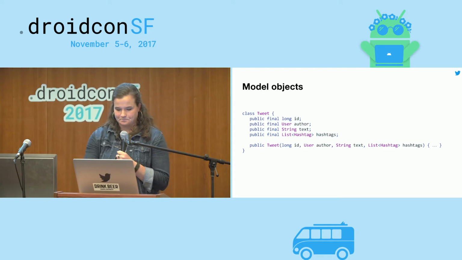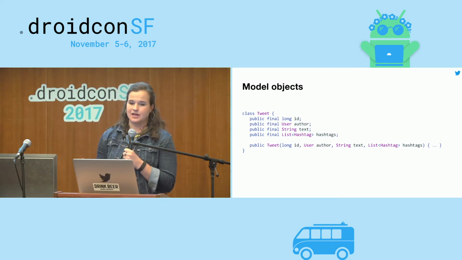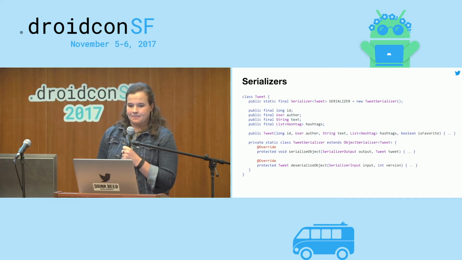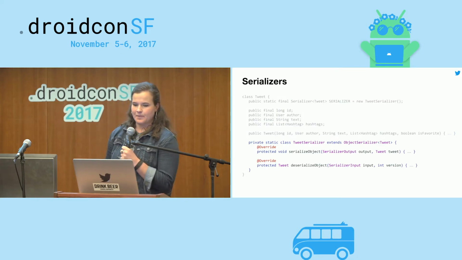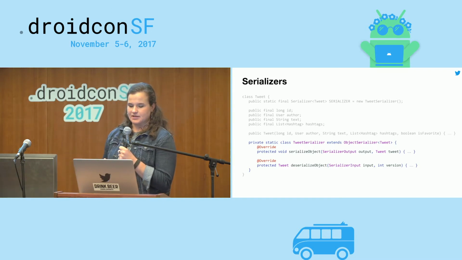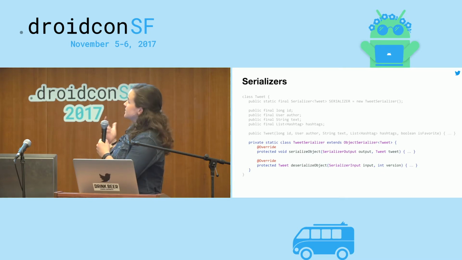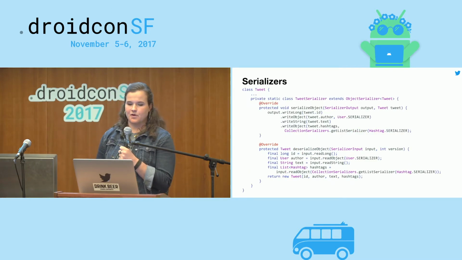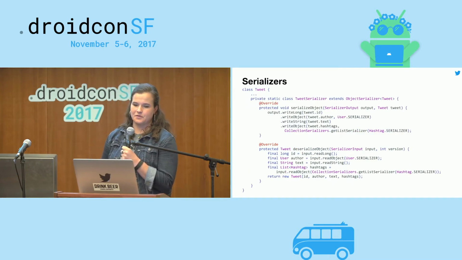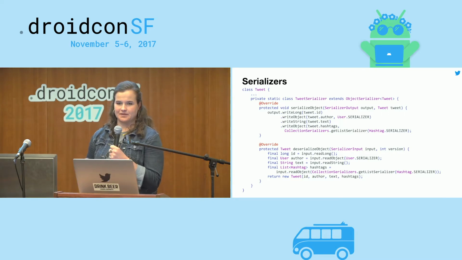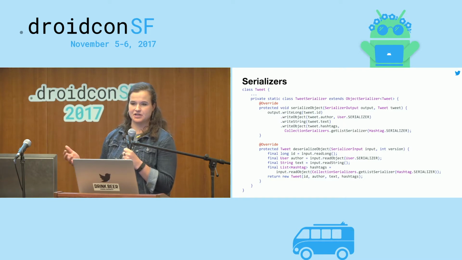Pretty straightforward though. So how we want to serialize this object is to define what's called a serializer. You can see at the bottom here, we created this object serializer of a Tweet. And what it does is allow us to define how to serialize and deserialize that object in these two methods, serialize object and deserialize object. So what those methods actually look like, if you see at the top, serialize object, you are getting an output stream, basically, to write to the byte array, and the Tweet object itself.